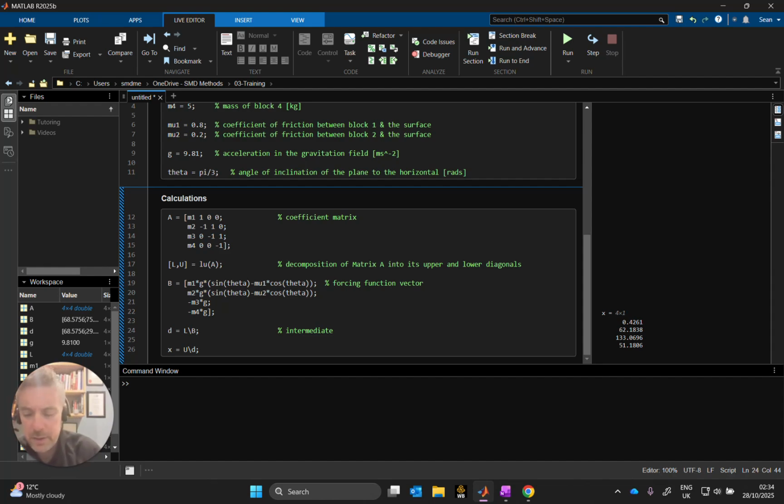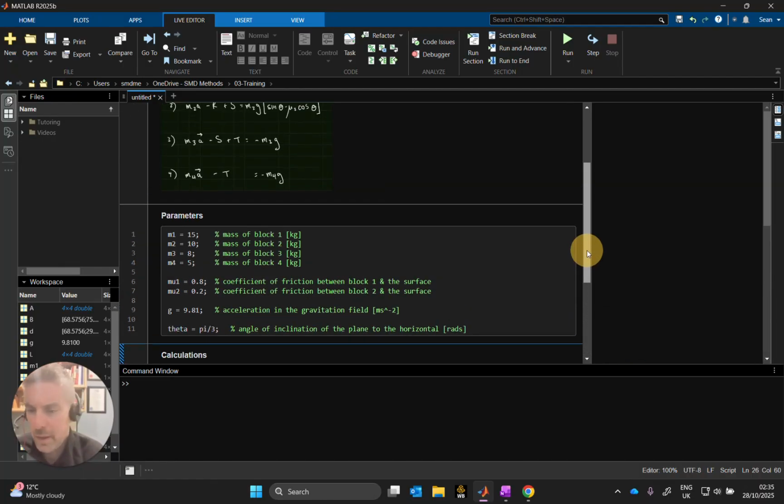It's an intermediate solution column vector. And then this here, x, is my system responses, all four of them, which are A, R, S, and T.